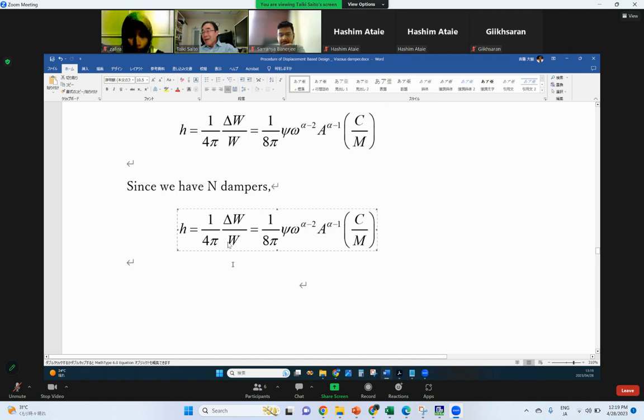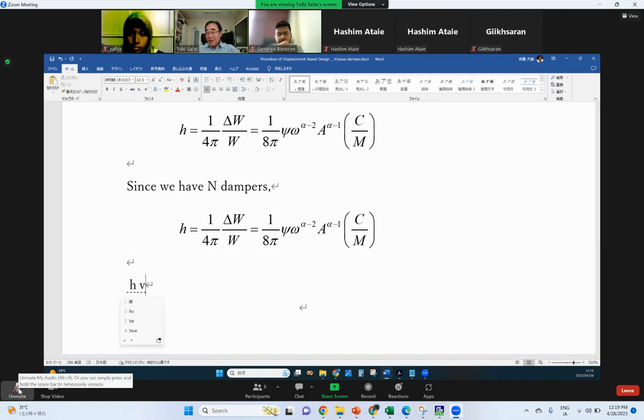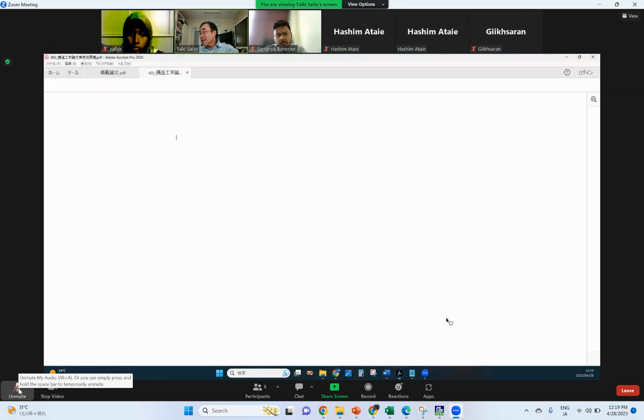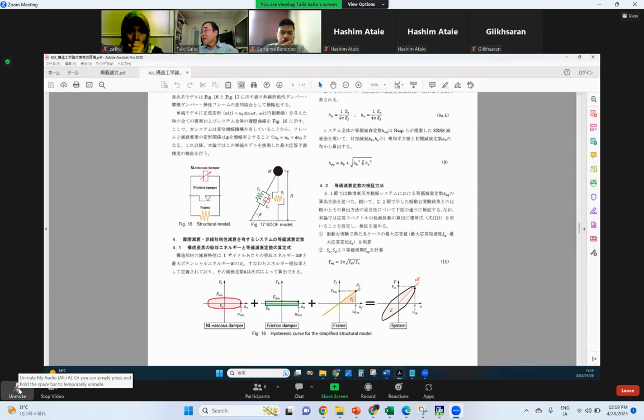Anyway, if I get the damping of the viscous damper, and we already know the equivalent damping of the shear wall, then the total damping of the structure will be a square root, something like this.